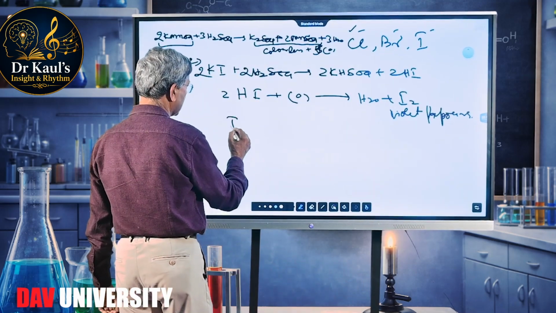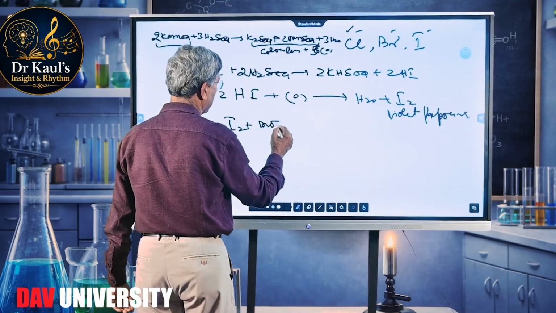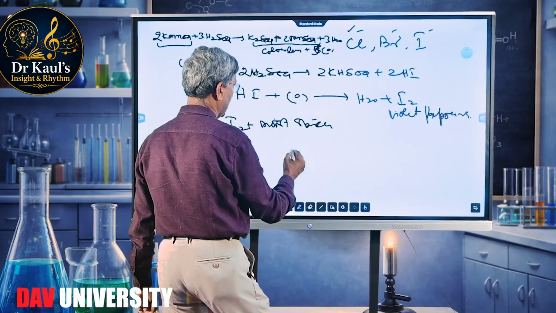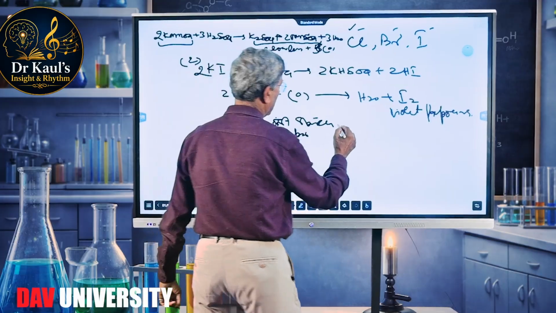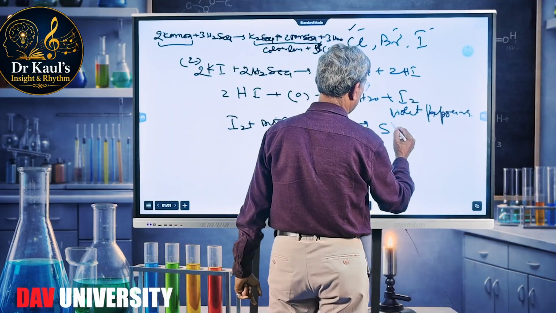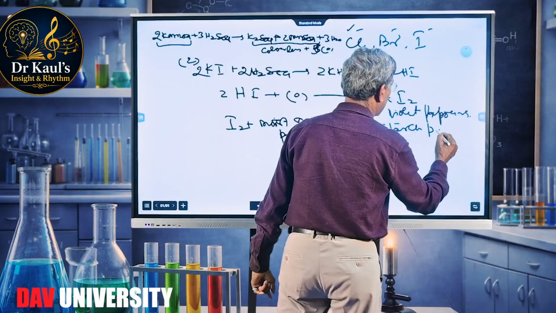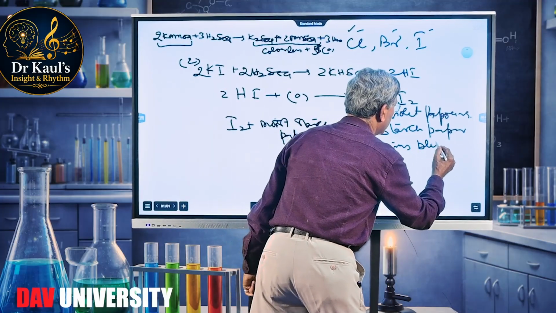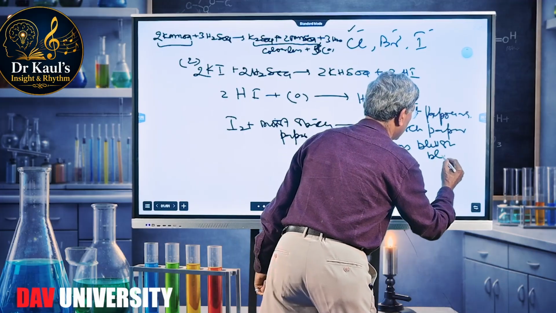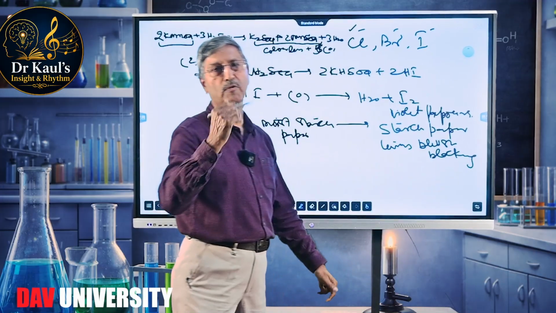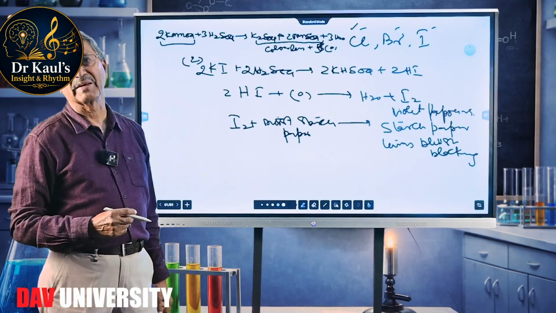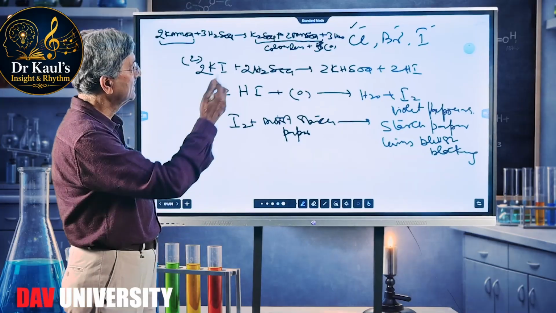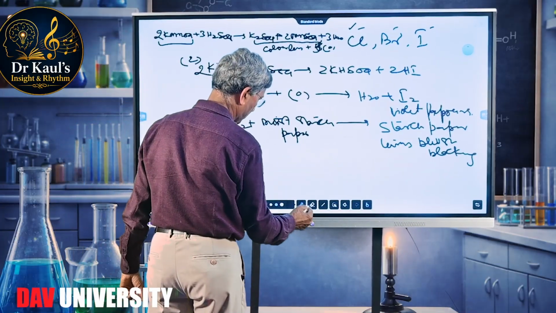When these violet vapors come in contact with moist starch paper, the starch paper turns bluish-blackish, again due to the formation of a starch iodine complex. So in this way, chloride, bromide and iodide radicals can be detected with the help of this KMnO₄ test.